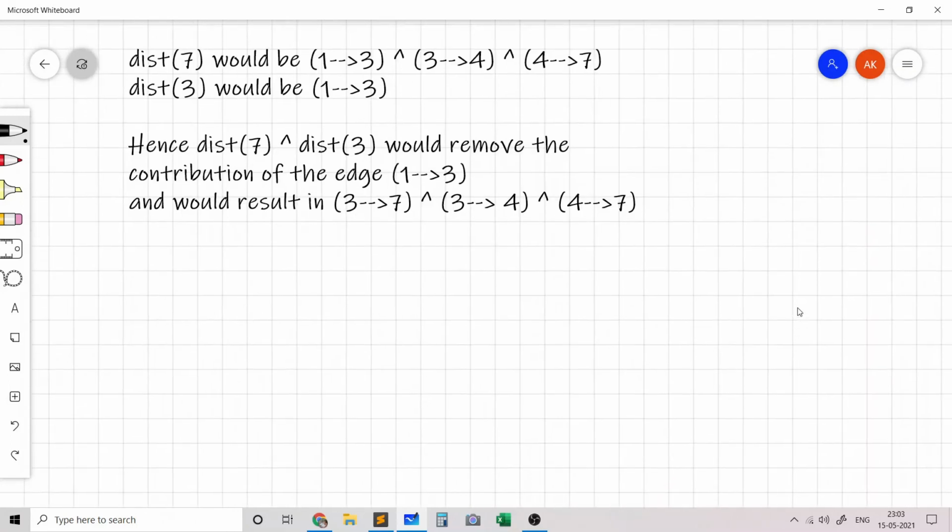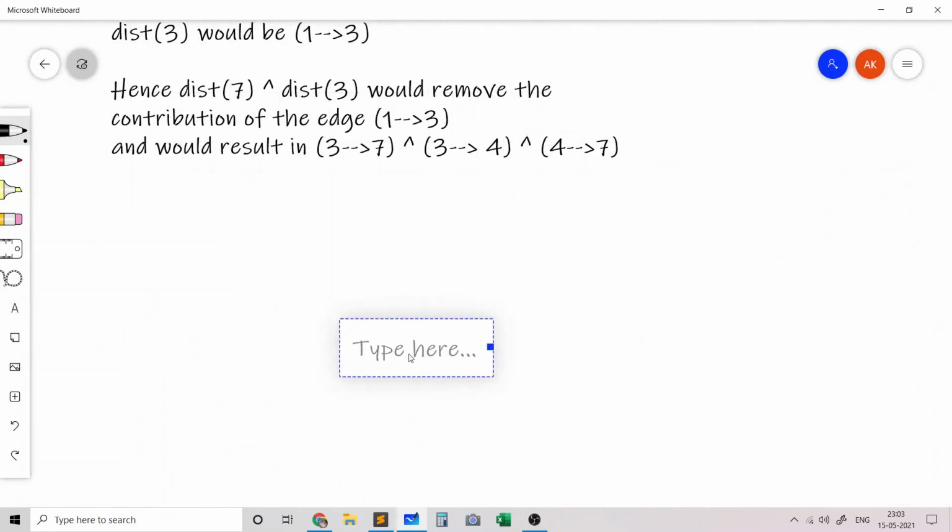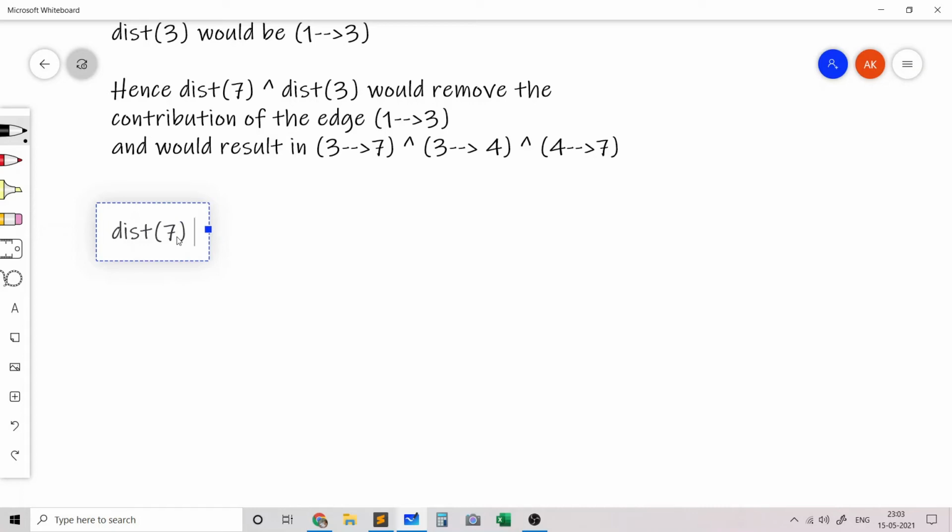So let's see how this helps in the general case. For this specific case, we saw that distance of 7 XOR distance of 3 would make us choose the correct edges in the path from 3 to 7.